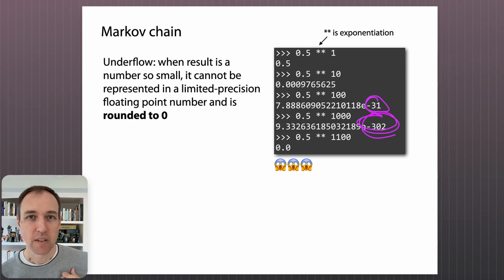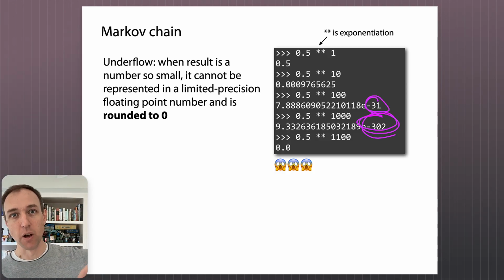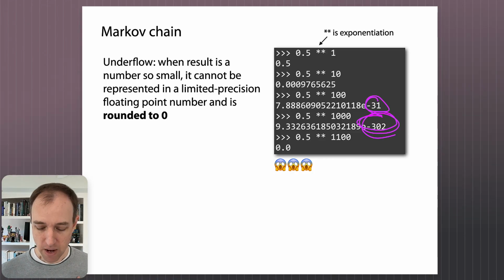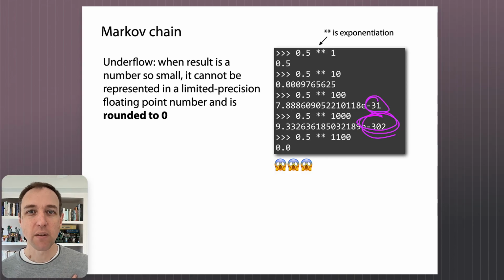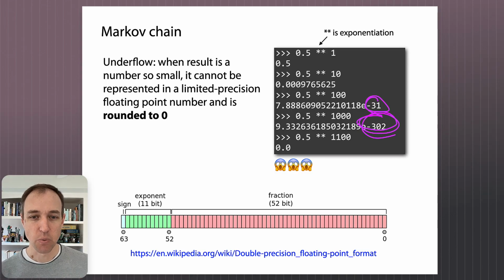And at that point, the number gets rounded down to 0, which is why we call it underflow, right? There's a corresponding notion of overflow, which is when the exponent gets too large in the positive direction. But when the exponent gets too large in the negative direction, we sort of run out of options, right? We just don't have enough room to represent the answer, and so the computer rounds it to 0.